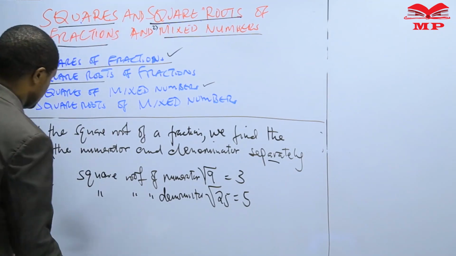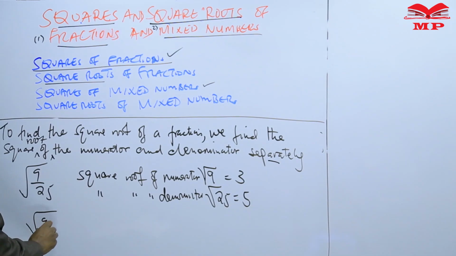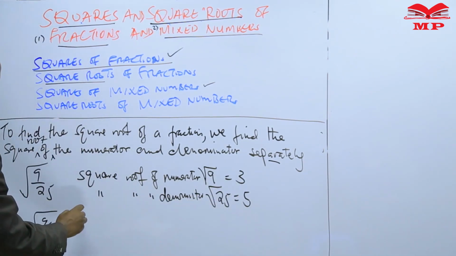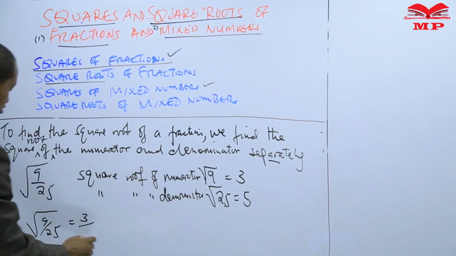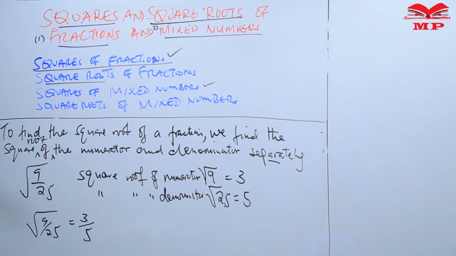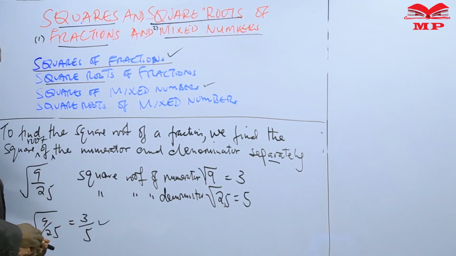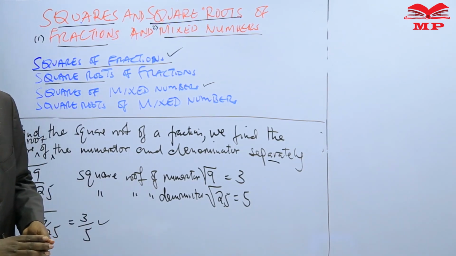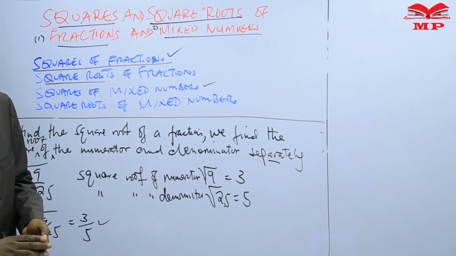Therefore, the square root of 9 over 25 will be equal to the square root of the numerator, 3, over the square root of the denominator, which is 5. That is question 3A from exercise 21.